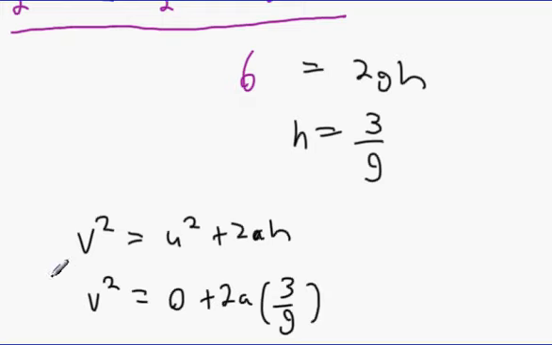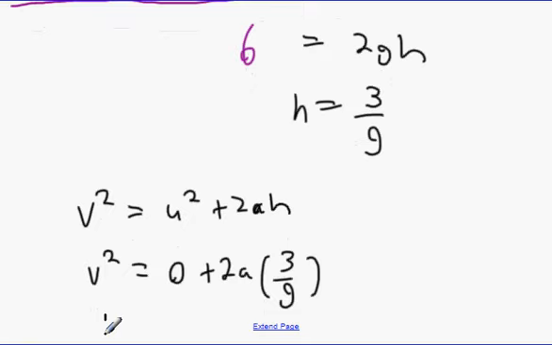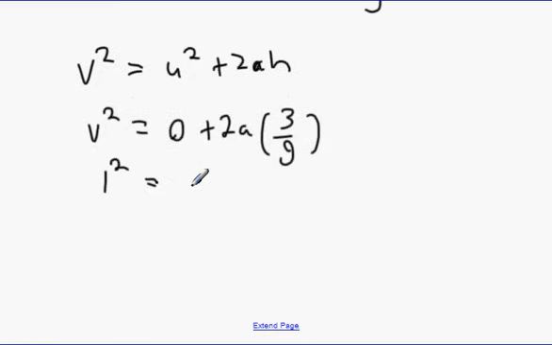What do we know about v, guys? The final velocity is 1. 1 squared equals 6a over g. A therefore is going to be g over 6 meters per second squared.